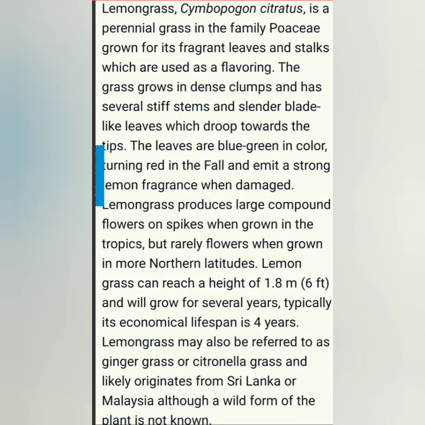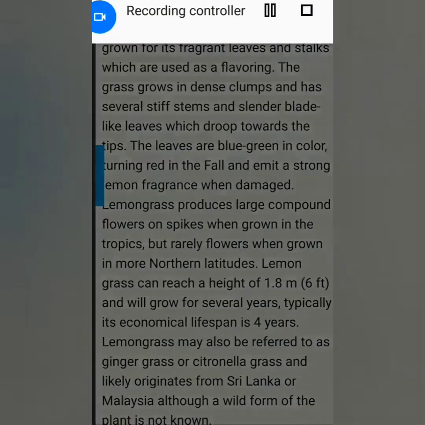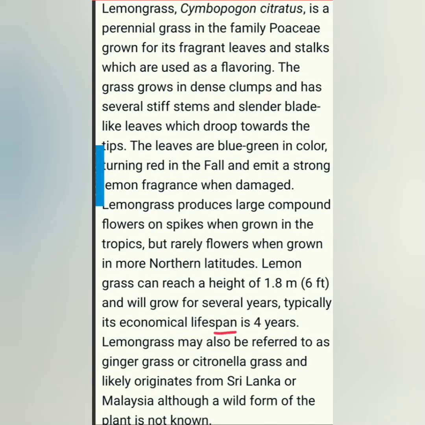The flowers rarely grow, and these lemongrass plants can reach a height of up to 1.8 meters, and they can grow for several years. As you can see here, its economical lifespan is about 4 years.